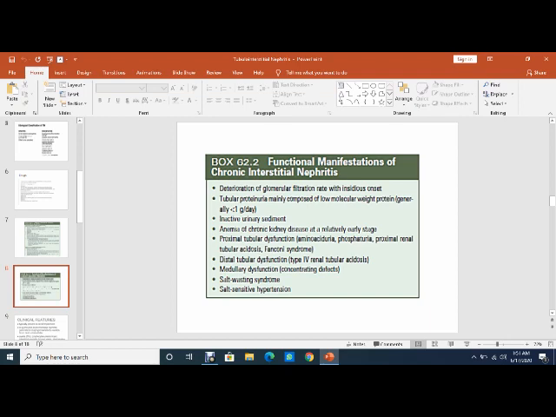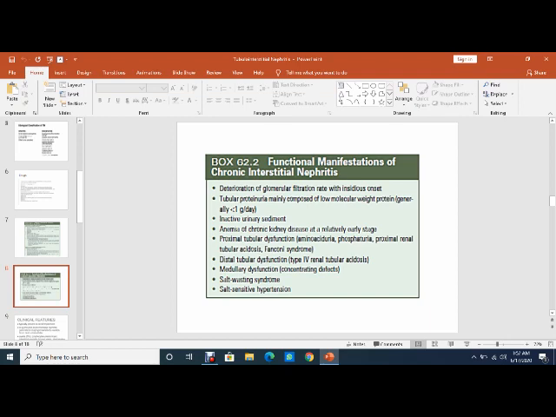DRTA, distal tubular dysfunction, and type 4 renal tubular acidosis, that is called hyporeninemic hypoaldosteronism. Medullary dysfunction, in which the concentration power of the kidney is lost. So that is the reason these patients are usually non-oliguric. Urine output is good, but in spite of that, due to concentration defect, kidney functions are disturbed.